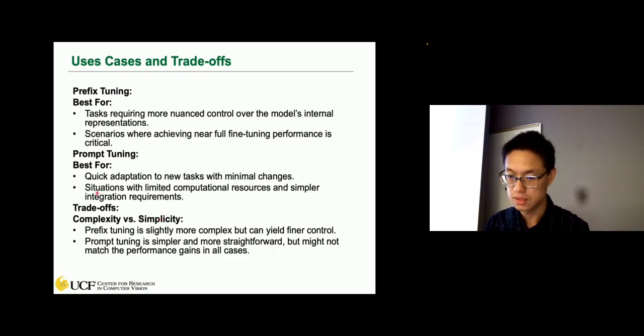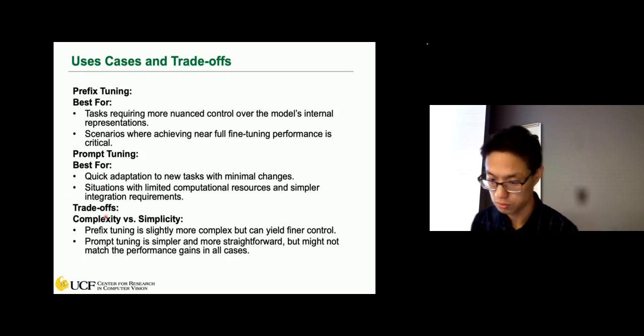In some cases, you don't have a lot of computational resources for fine-tuning, and the task or data may be very similar to the original pre-trained data. Then maybe you don't need this kind of nuanced control over the entire network. Maybe a small amount of prompt tuning is sufficient, so you can choose prompt tuning in that scenario.